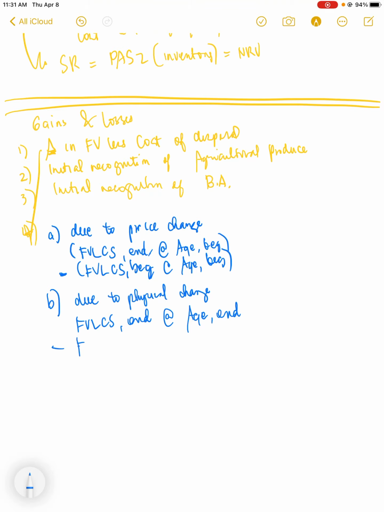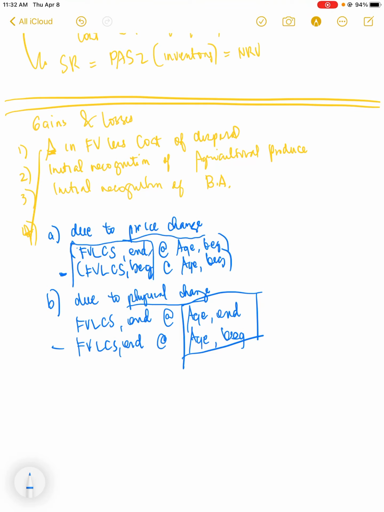Ibabawas mo ngayon dito yung fair value less cost to sell still at the end nung age niya, nung beginning of the period. Okay? So in this case, physical change yung iyong tiningnan. That's why ang magkaiba or ang i-consider natin is the change in the age. Unlike kanina, na since price change yung pinag-uusapan, ang kinonsider natin is the change in the prices.